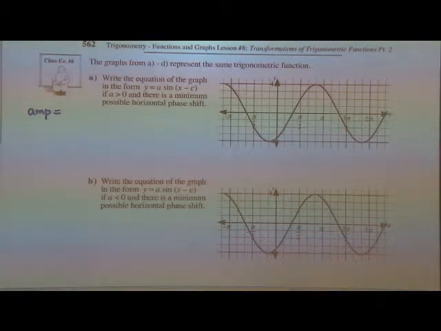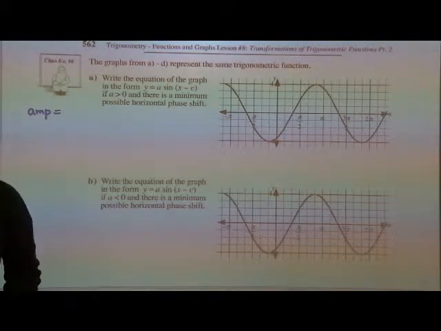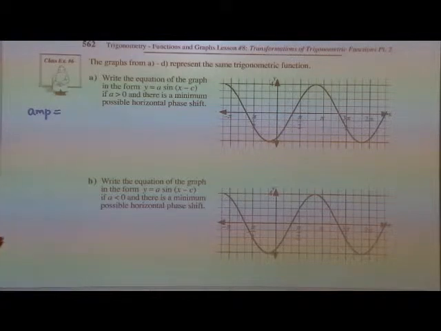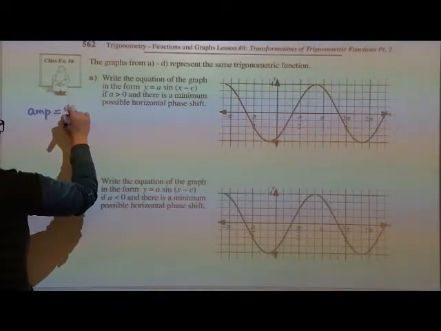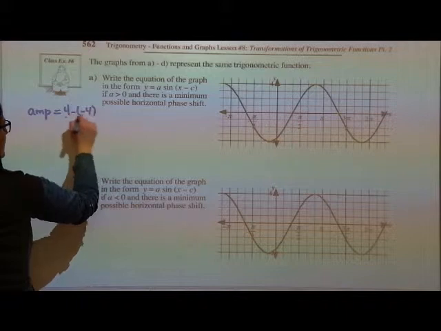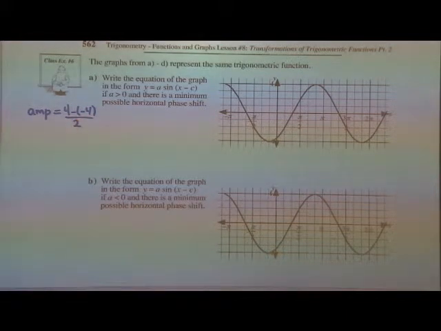When I have a graph, how do I find amplitude? Max minus min divided by 2. So what is the amplitude?